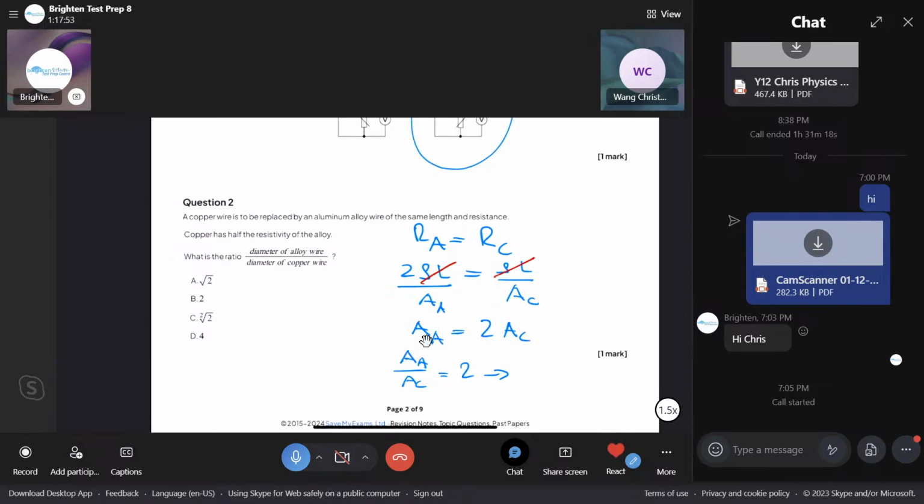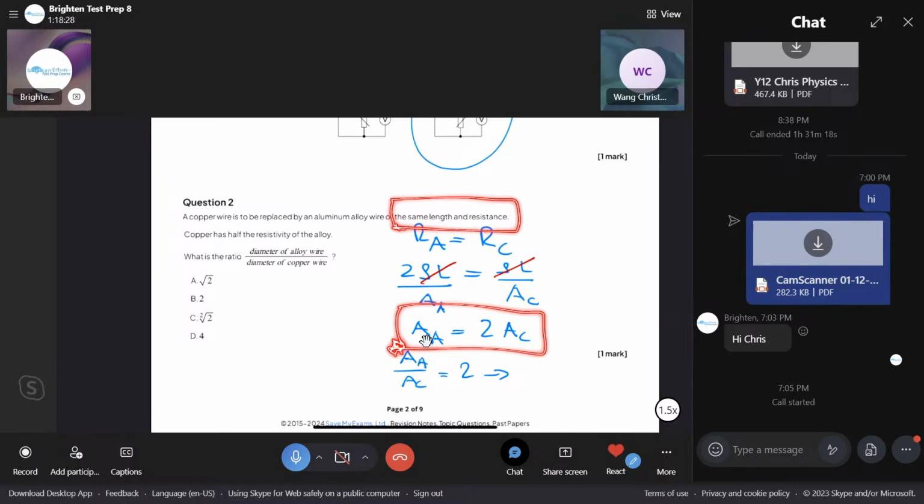So in that case, the area of copper has to be double that of alloy. Without just physically thinking it out, what does that really mean, Chris? What can you say about copper compared to alloy, so that you achieve the same resistance with the same length? I could ask you, what is the better conductor, alloy or copper?